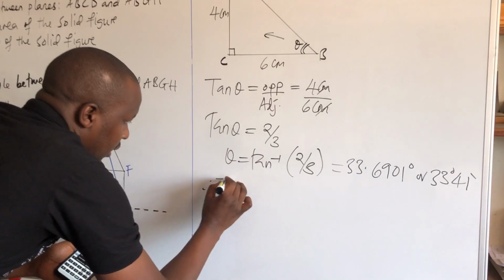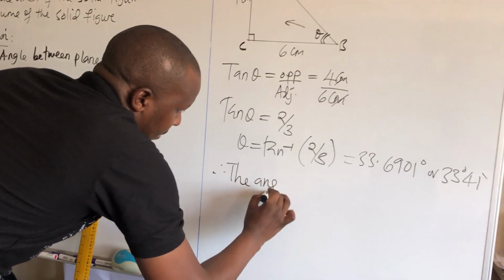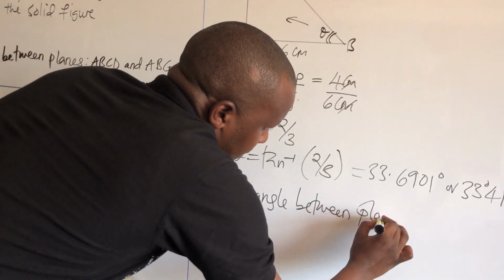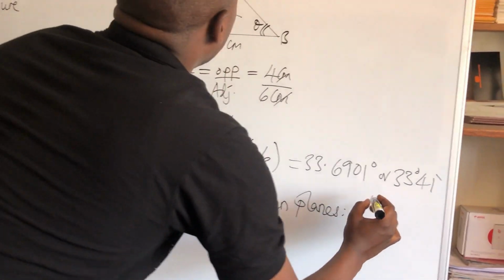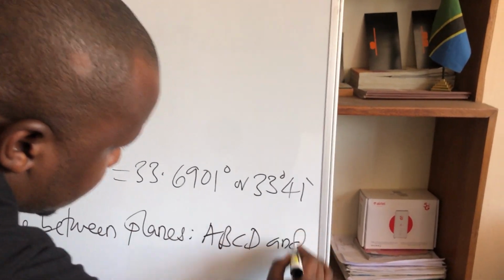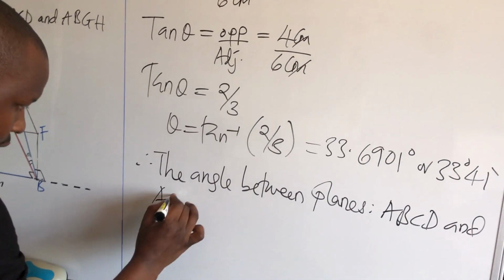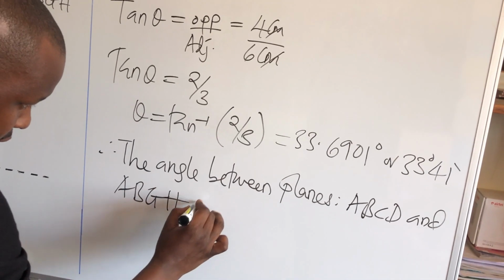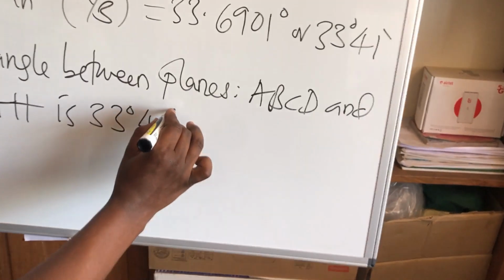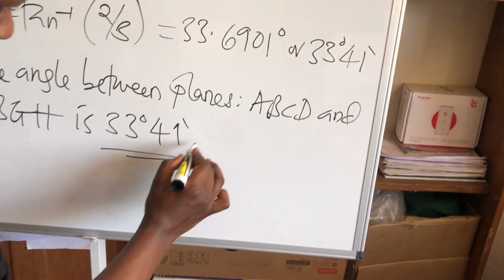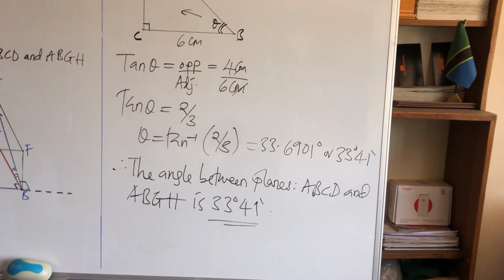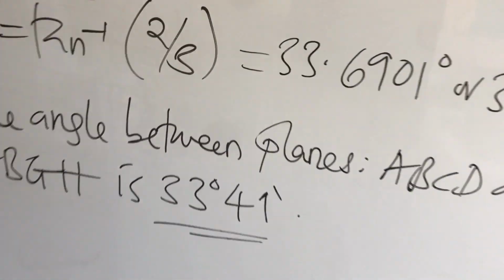So we say the angle between planes ABCD and the other plane ABGH is 33 degrees 41 minutes. This is the magnitude of our angle, and that marks the angle between our two planes. Thank you.